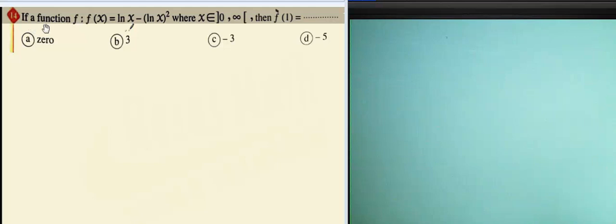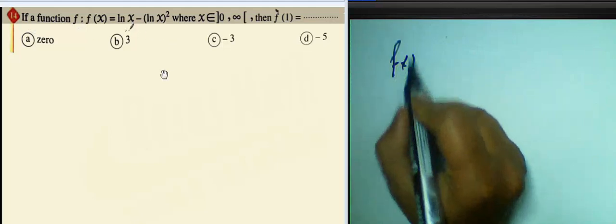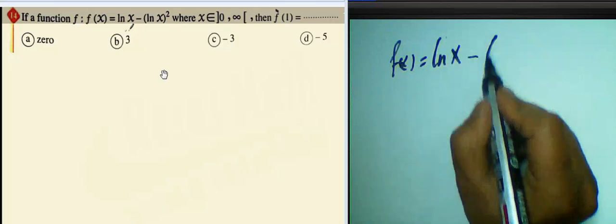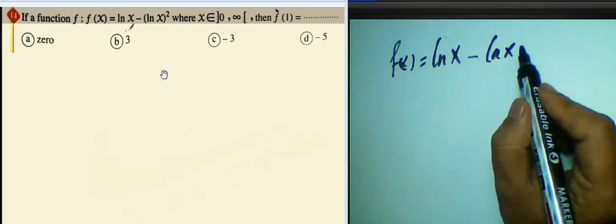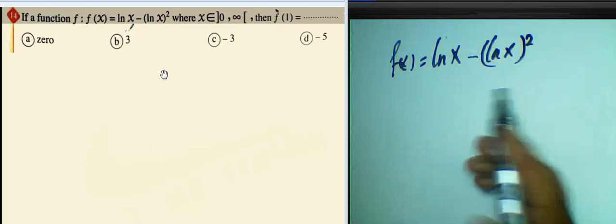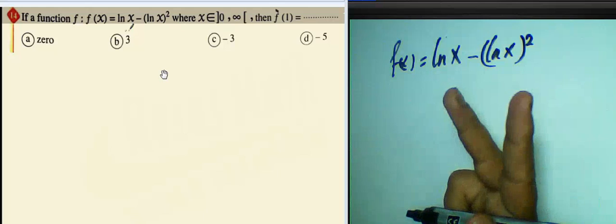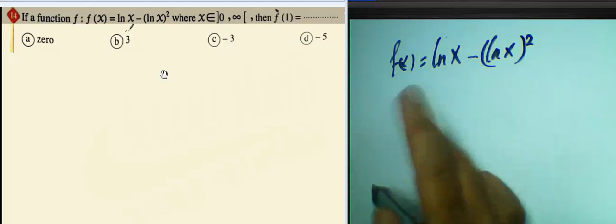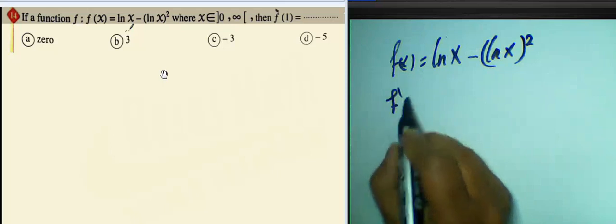Question 14. If f of x equals ln of x minus ln of x to the power 2, where x is from 0 to infinity, find f double dash. You want to find the second derivative of the function. We can find the first derivative.